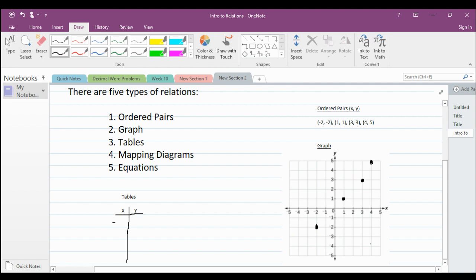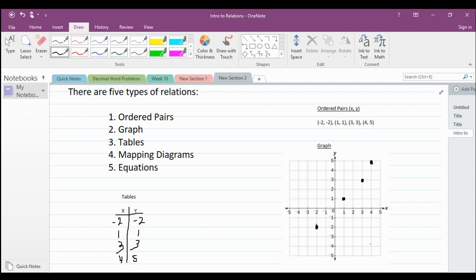So -2 goes with -2. 1 goes with 1, 3 goes with 3, and 4 goes with 5. Let me make that a better 5. So those are relations that we've seen before.